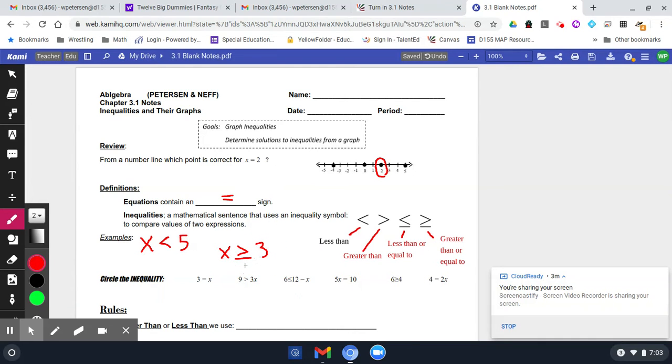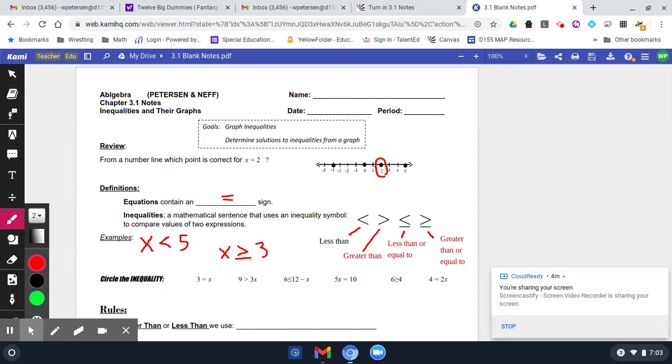So in this statement, this is another inequality, but now x needs to be bigger or equal to 3. So it can be exactly 3, or it can be any number larger than 3. So that makes it really nice. So we have one extra solution right there because 3 does equal 3.